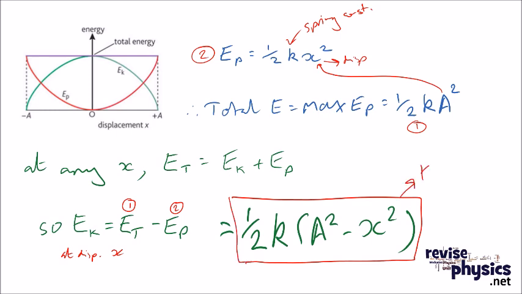And we can separate that out into brackets to give us the kinetic energy equation for any particular displacement. This is KE at a particular displacement x: 1/2 k (A squared minus x squared), where A is our amplitude and x is the displacement at any point.